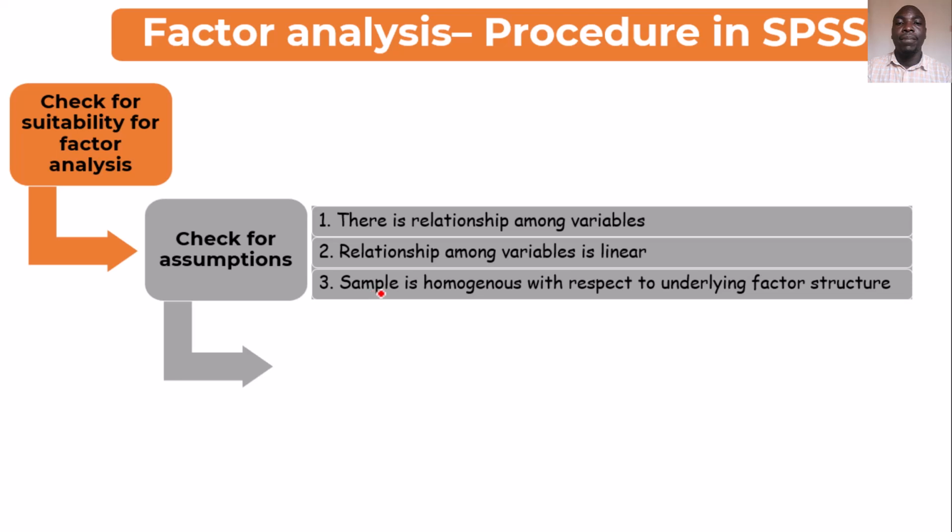Then the sample is homogeneous with respect to underlying factor structure. If you are to use factor analysis, ensure that you do not have variables which would influence the way the factors are extracted.